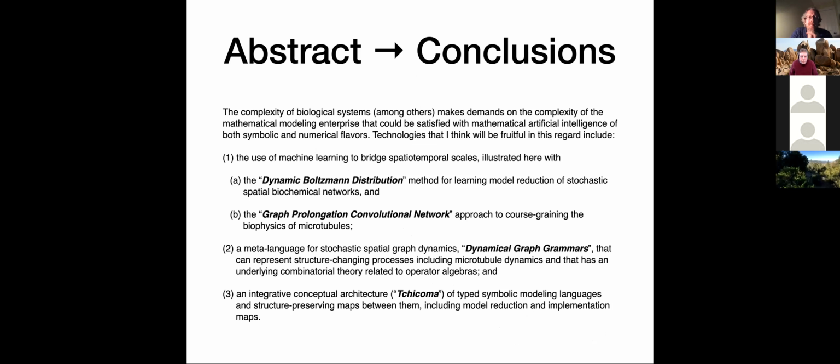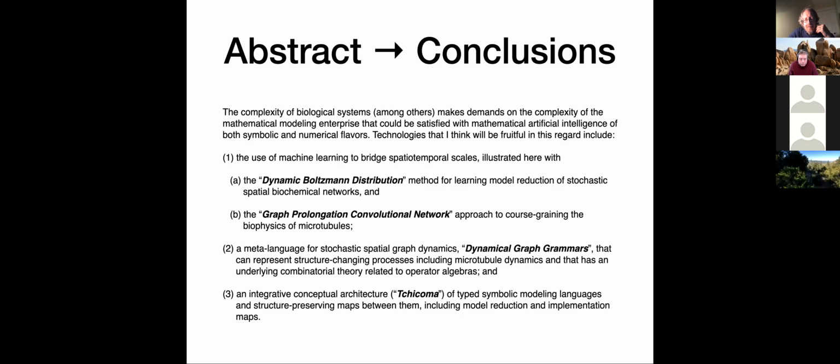Here I gave you the examples of dynamic Boltzmann distributions and graph prolongation convolutional neural networks for real biology problems in synapses and in plant cells. Then a big leap forward in expressive power for coarser scale modeling, and model reduction tends to go coarser scale, and that's dynamical graph grammars, which are well defined and have a semantics, and you can create simulation engines for them.